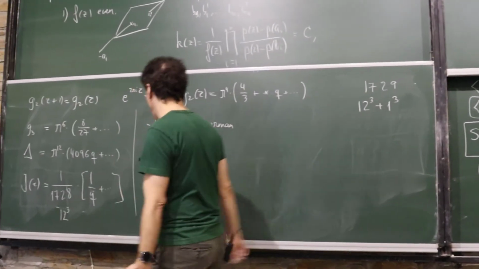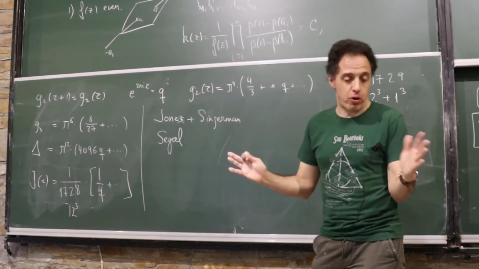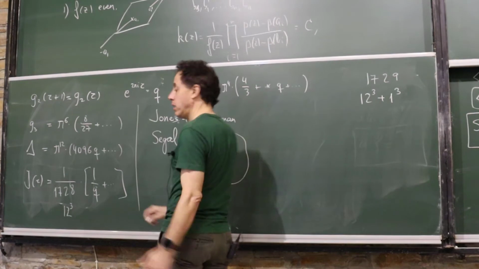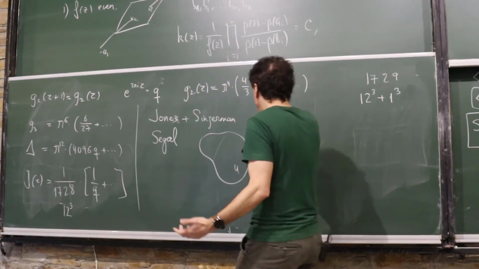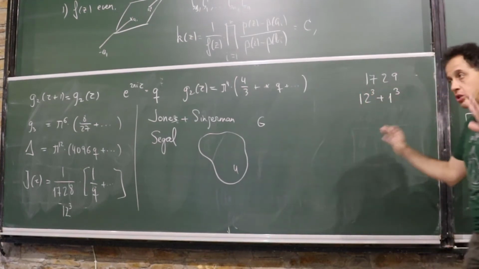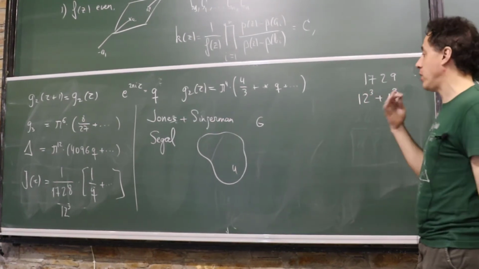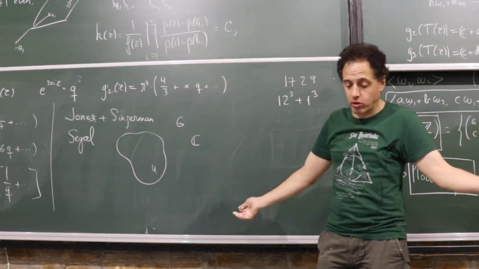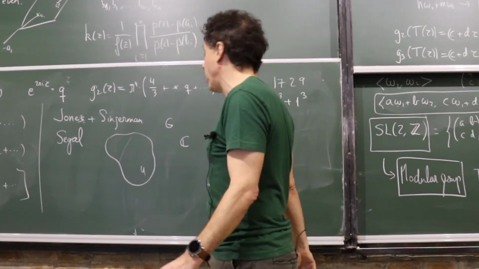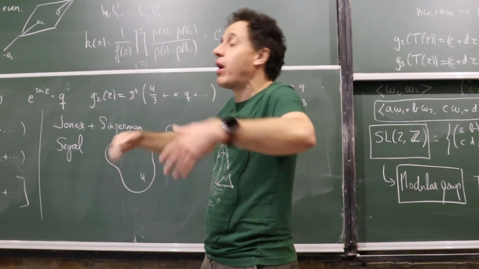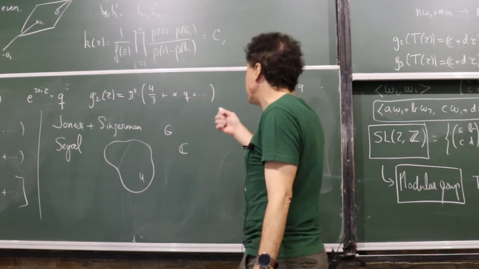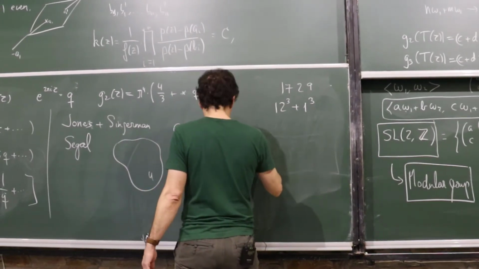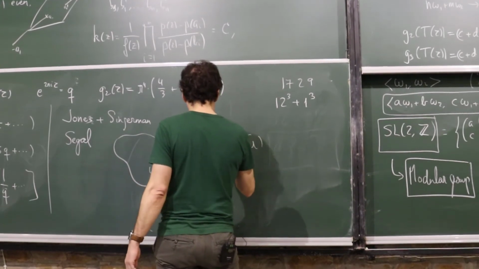What is a fundamental domain? Normally, when we have a discrete group of Möbius transformations like this, we call a fundamental domain some open set U such that the whole plane C, or perhaps not all the complex plane but the upper half plane or something like this, can be written as the union of T of U, where T is an element of the group.